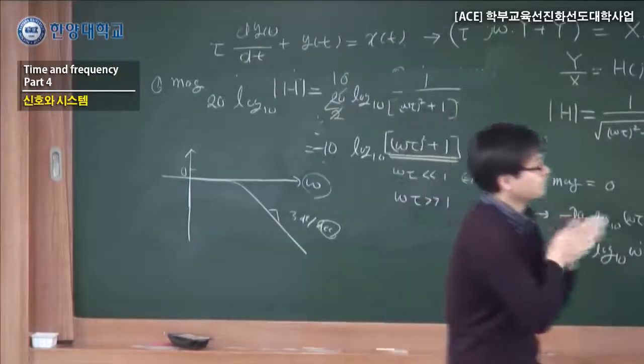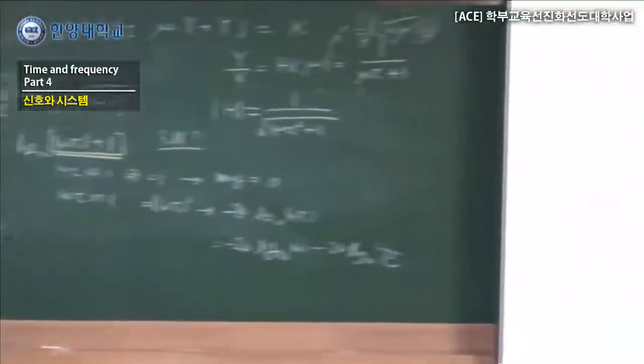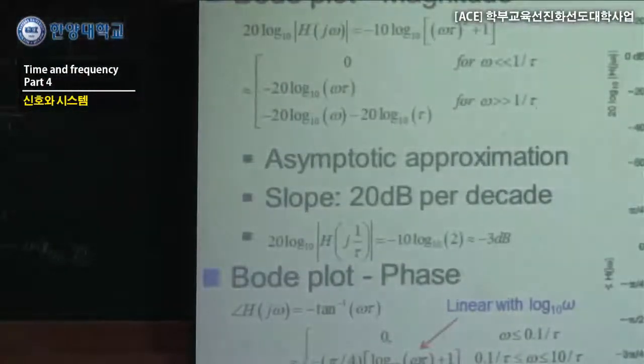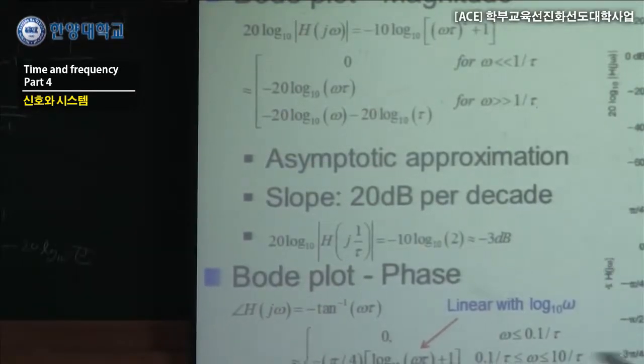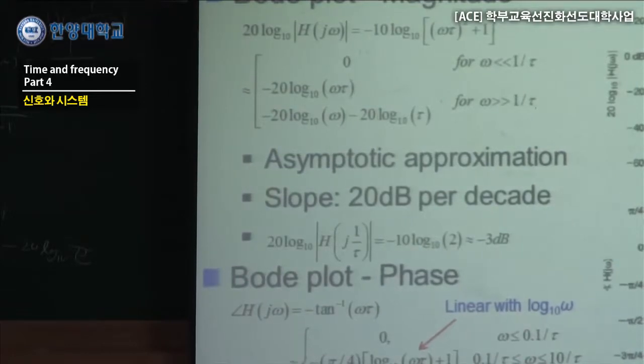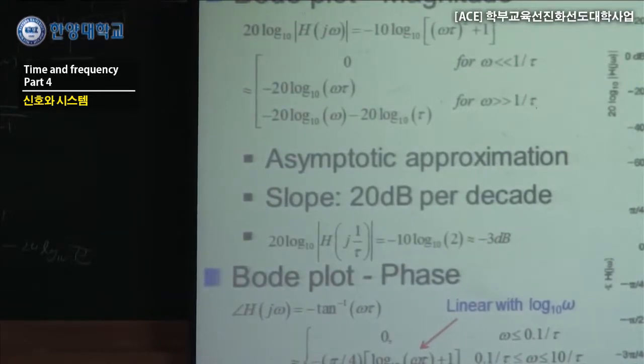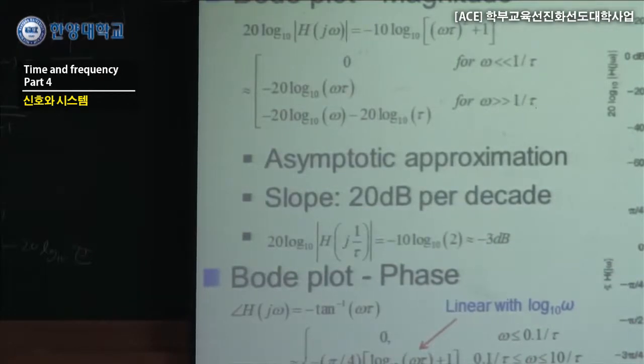So basically, the answer is over here. By the asymptotic approximation, we know that the slope is 20 dB per decade.